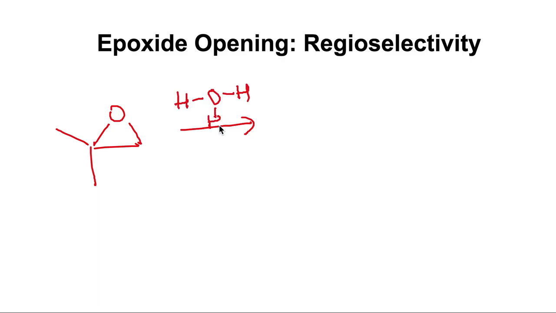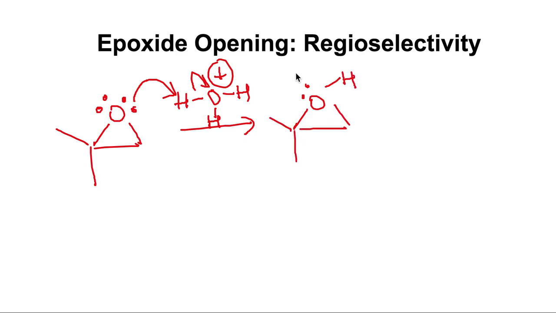Now, if we take the same molecule and we react it with acid, this is the hydronium ion. What will happen is the lone pair will first attack the hydrogen, and the epoxide is going to end up protonated. And now this will spontaneously open as the nucleophile is attacking.